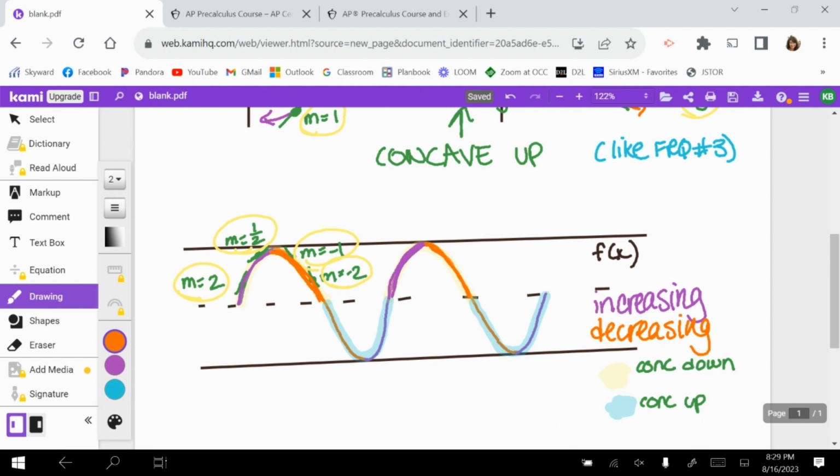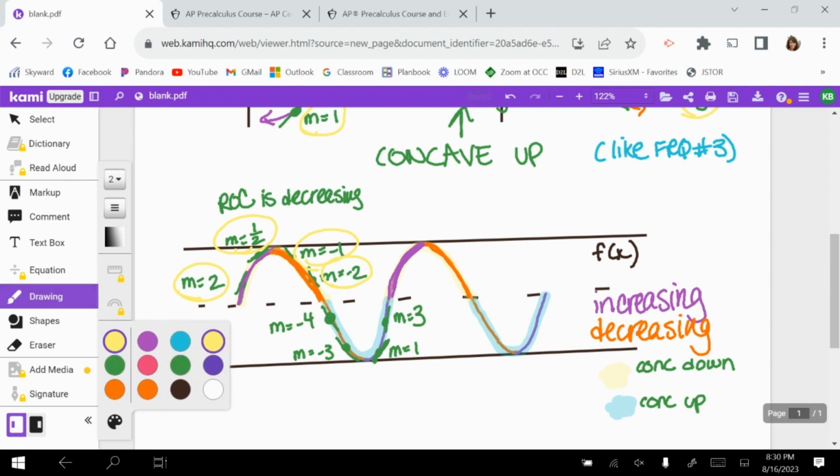Okay, now let's look at our interval where we know it's concave up, but let's validate that by looking at the rates of change. So I'll draw a couple of tangent lines again. On this interval of concave up, as we look at the rates of change, we're going from -4 to -3 to 1 to 3.